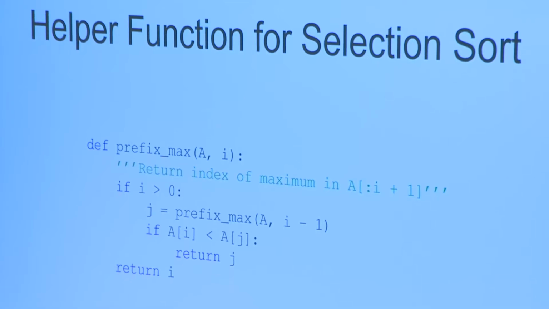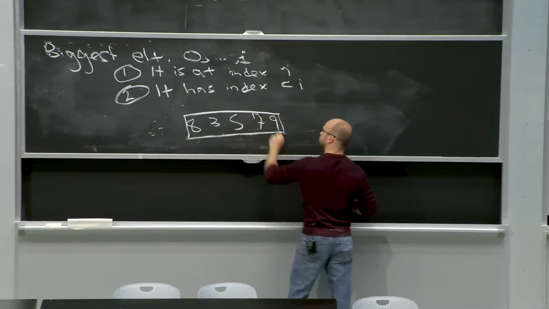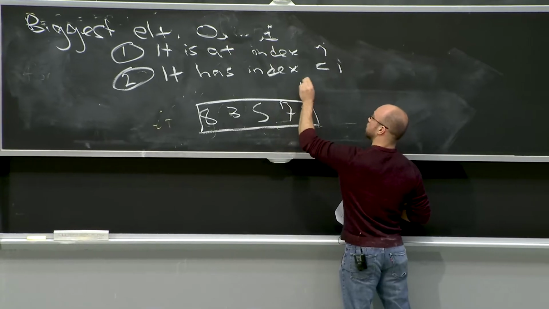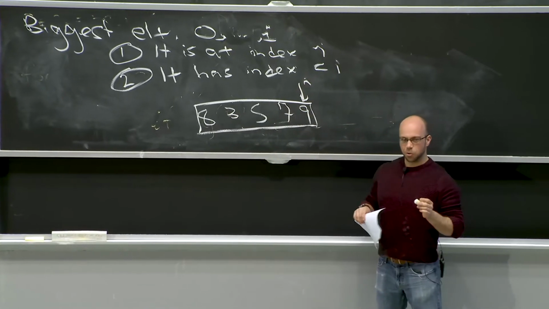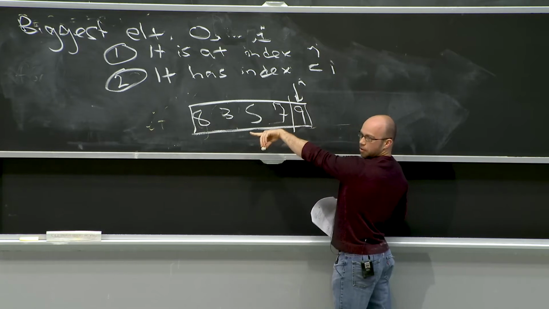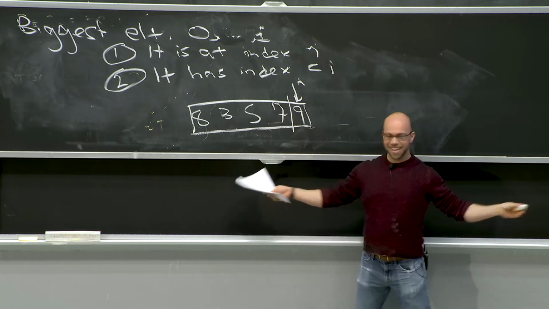So let's say that I have an array, like 8, 3, 5, 7, 9. And I give a pointer here, which is I. Then the very first thing that I do is I compute the biggest number all the way to the left of this stuff. In this case, that is 8.